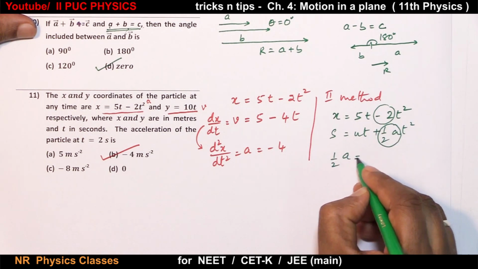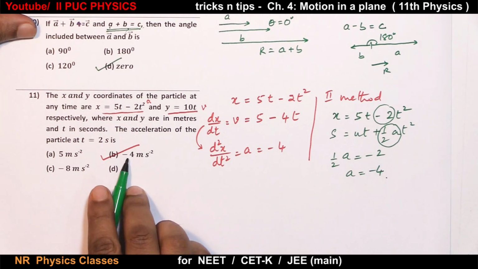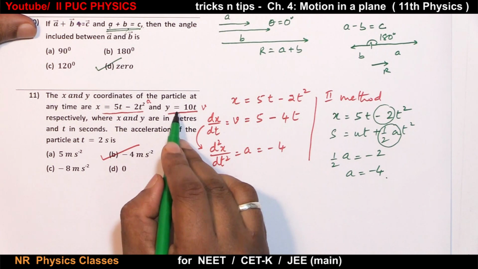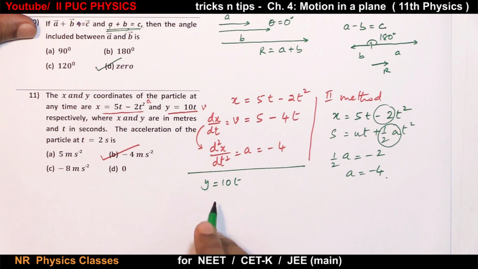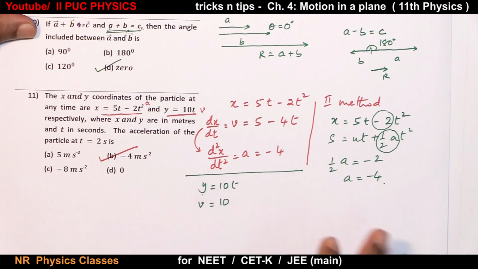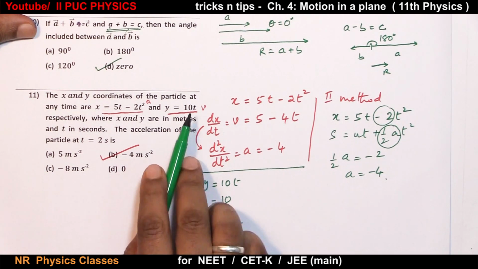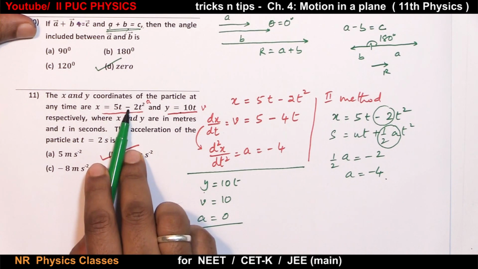Half a equals minus 2, a equals minus 4. So it is minus 4. Now consider the second equation, y equals 10t. Differentiate this, we get velocity equal to 10. Differentiate velocity, we get acceleration equal to 0. So this doesn't give acceleration, whereas the other gives acceleration.